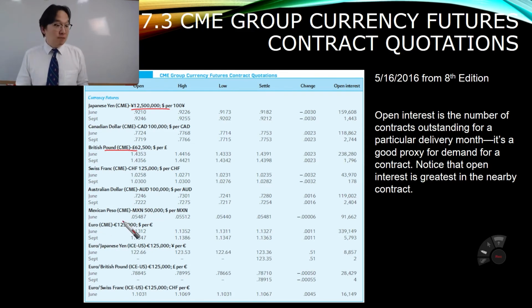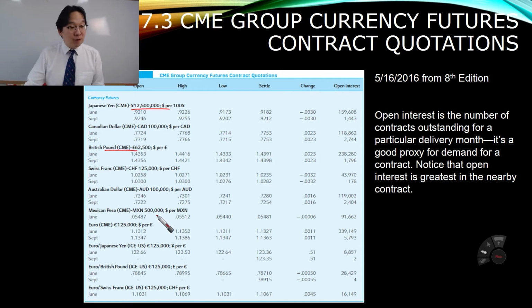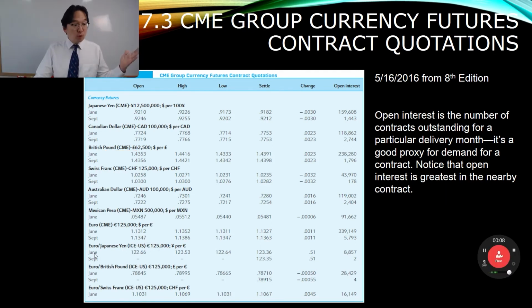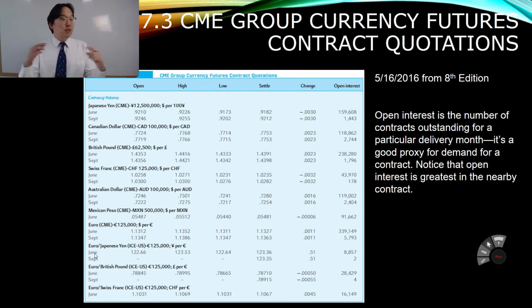And then Mexican peso, 500,000 Mexican peso unit. And then euro, 125,000 euro. Now, euro to Japanese yen cross futures rates are shown over here.